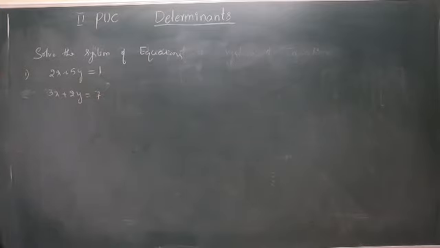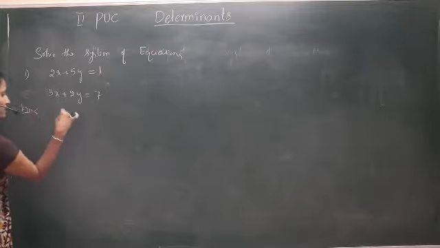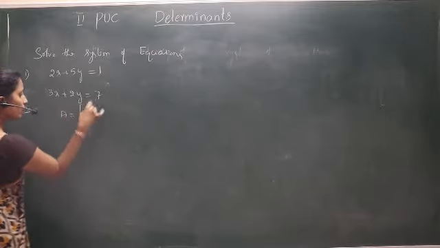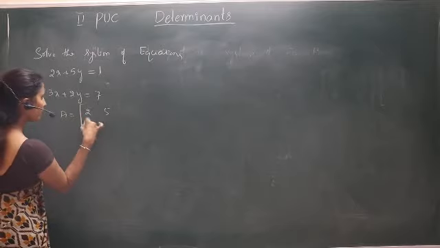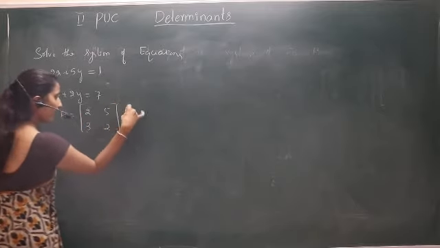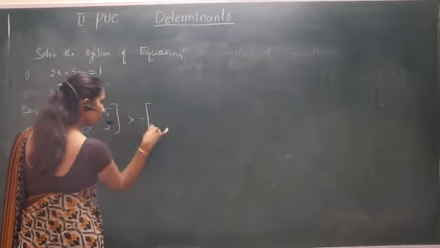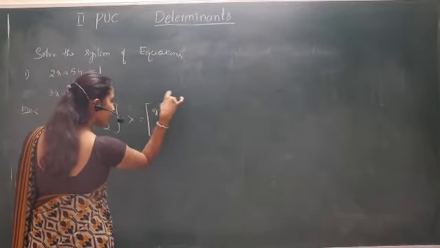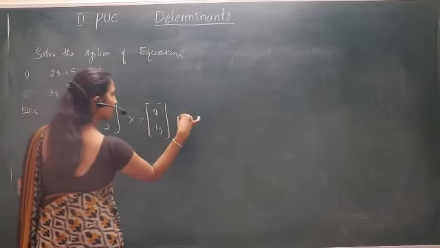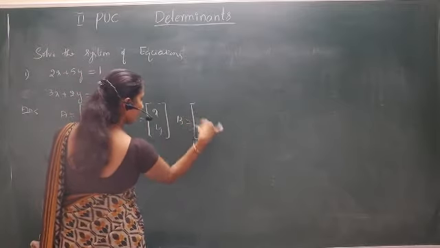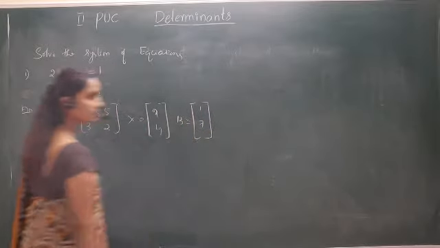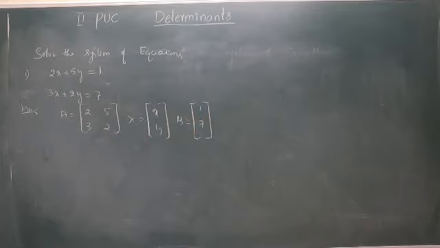First we have to write the given system of equations as AX is equal to B. So A is equal to 2, 5, 3, 2, X is equal to x and y, and B is equal to 1 and 7.